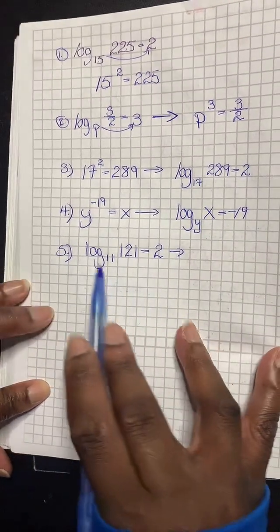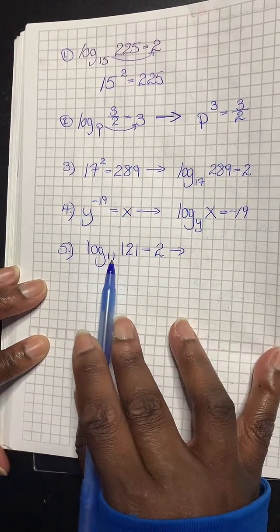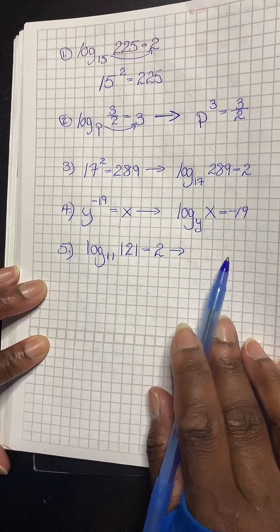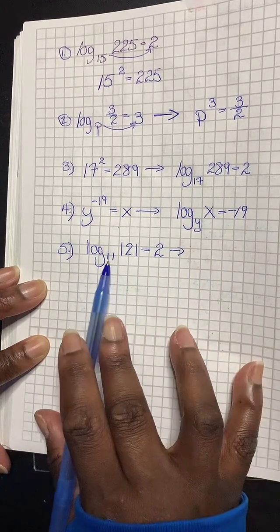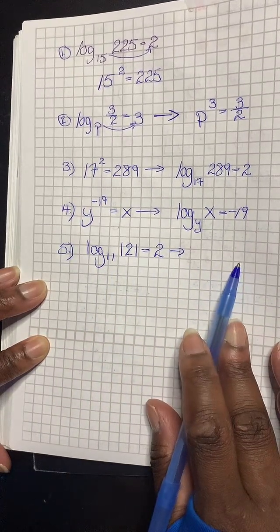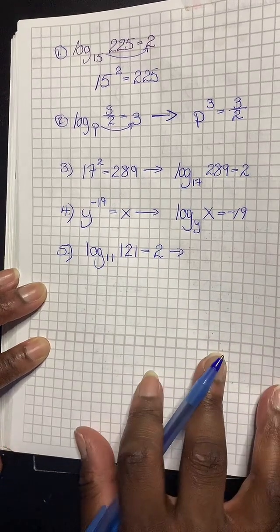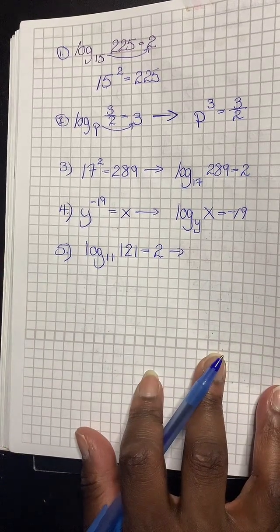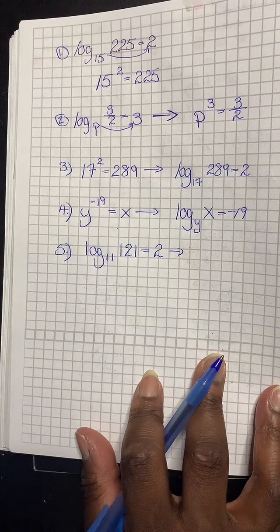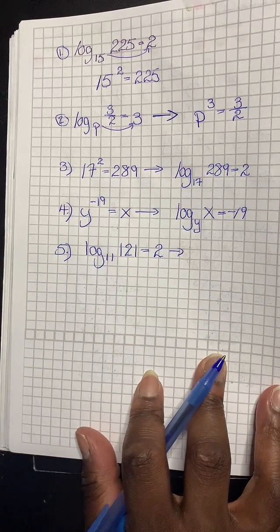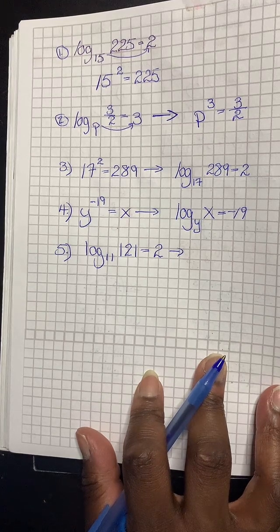Okay, so you see the log. I want you to put it as exponential. So we're going from logarithmic to exponential. This is like Algebra 2, William. Come and hang out, learn a little bit of math. So we're going from logs to exponentials.